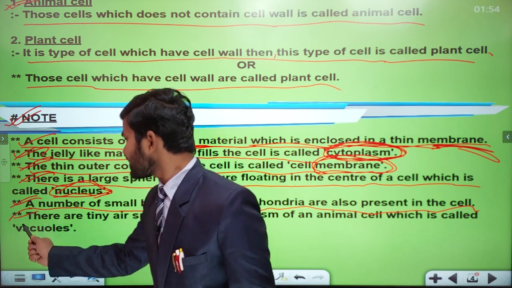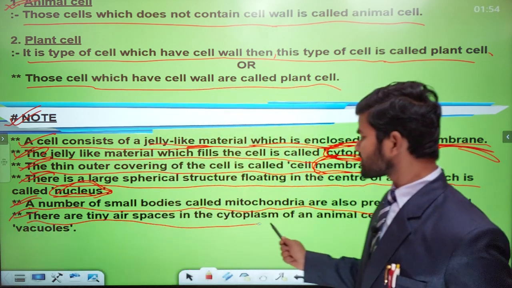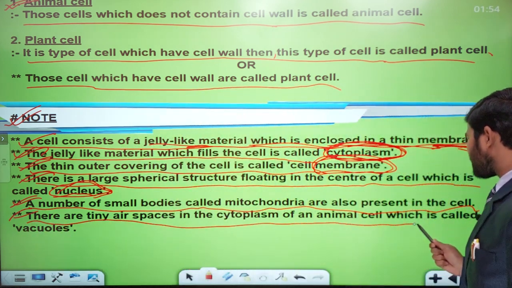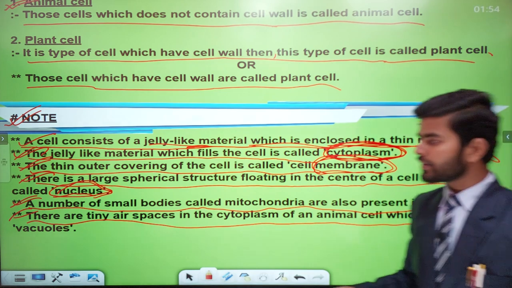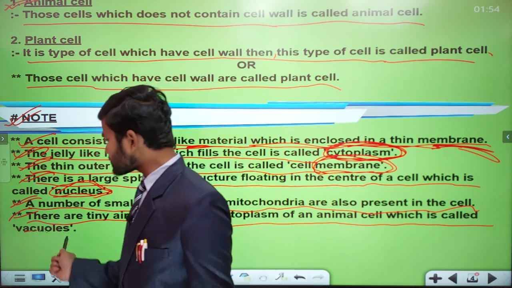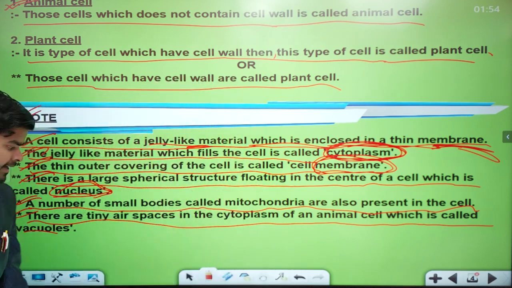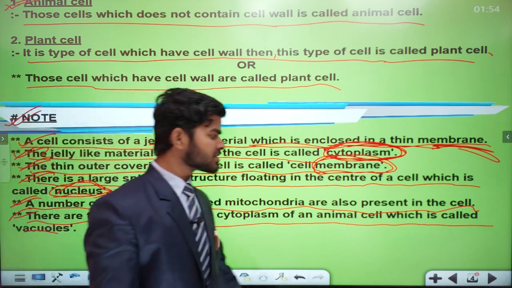Next one, there are tiny air spaces in the cytoplasm of the animal cell, which are called vacuoles. If you want, you can write it. I hope you have written all these points.